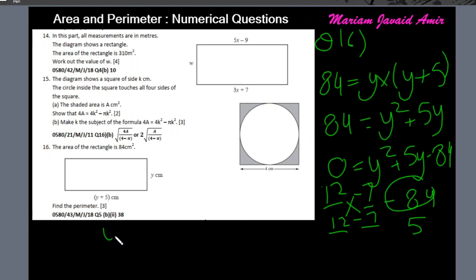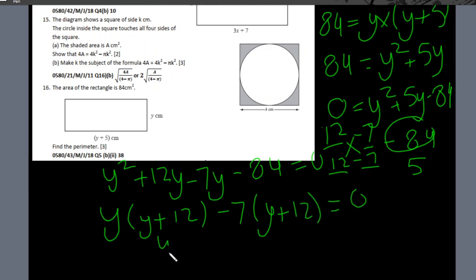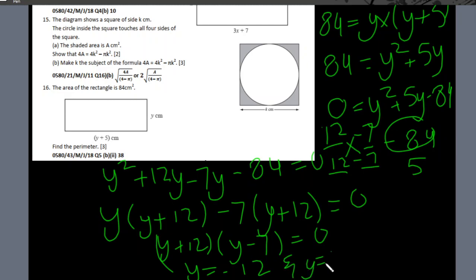So I'll factorize this: y square plus 12y minus 7y minus 84 equals 0. Factorize, and y is common in the first two values, minus 7 is common in the next two values. We write y plus 12 once, and then y minus 7 equals 0, and we're getting two values for y: y equals minus 12 and y equals 7.